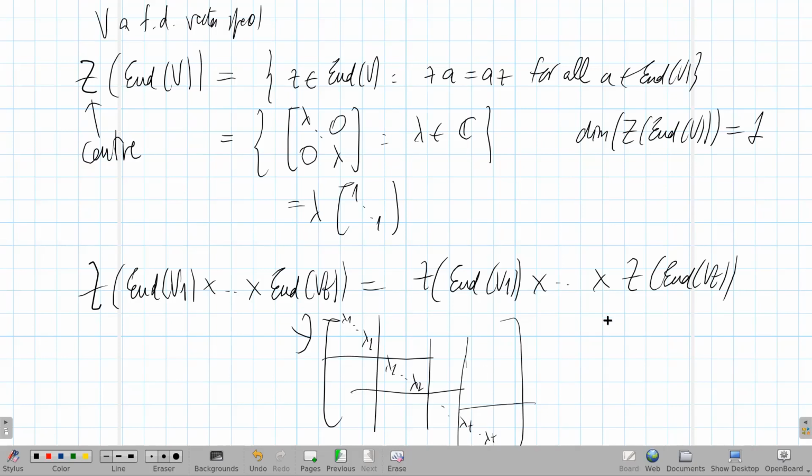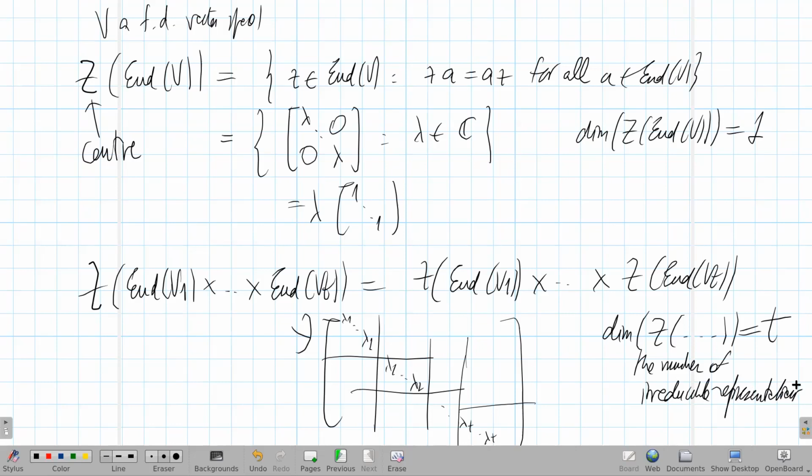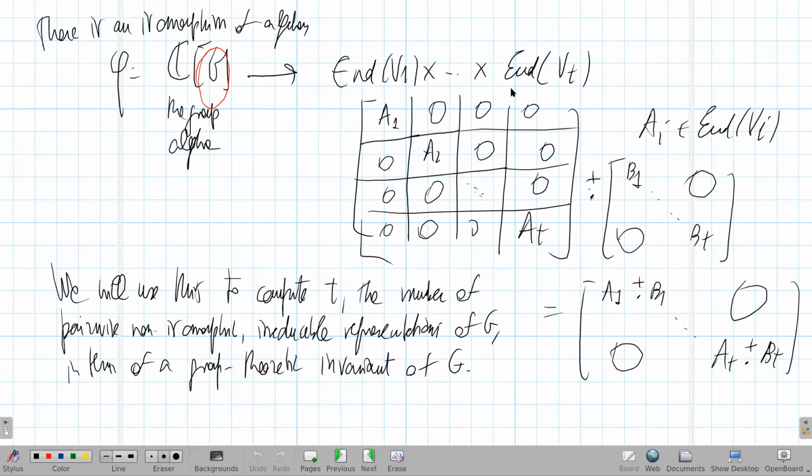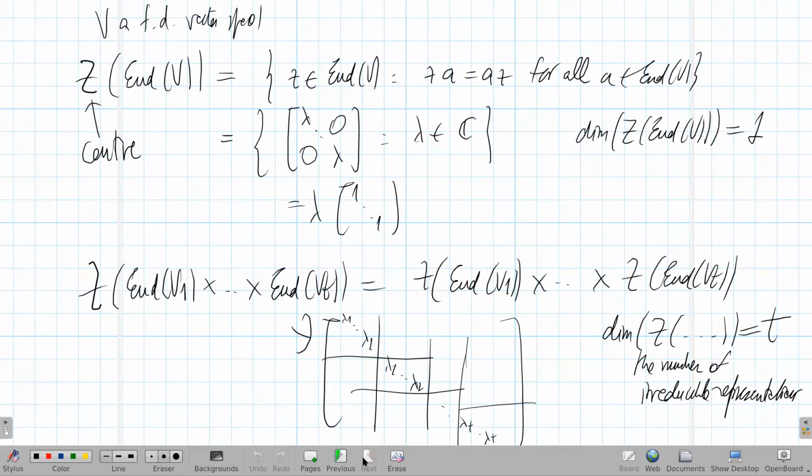In other words, the dimension of this center is t, the number of irreducible representations, I mean pairwise non-isomorphic. Good. So let's exploit the fact that these two are isomorphic to see what the dimension of the center of this is.